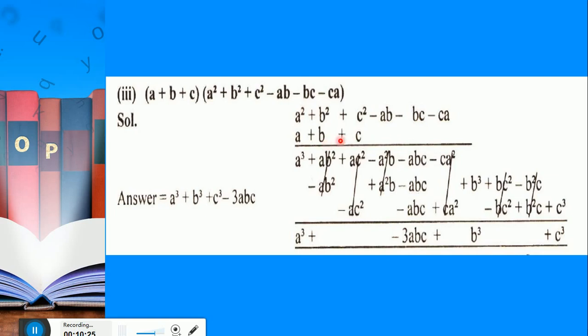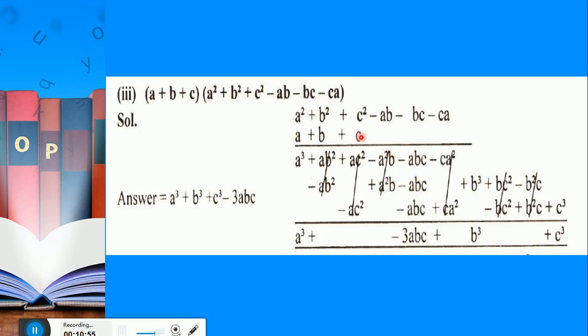It is minus b square c. So write this term separately. Now multiply b with the last term, that is minus ca. So it will be minus abc. Write it exactly below the term minus abc, because we write the like terms in one column.